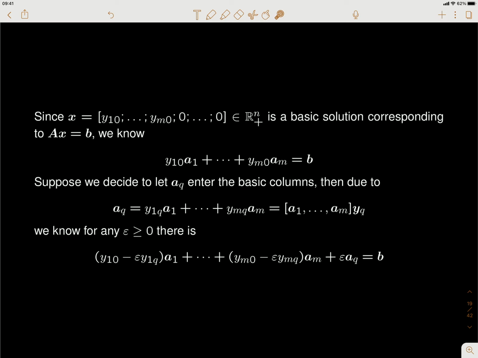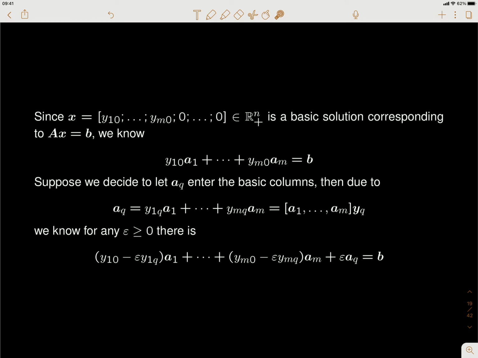This is just like the column vector with these as the components, and you can see that it's just making a linear combination of the first m columns of the matrix A. The coefficients are given by these numbers. So y10 is the coefficient for the vector a1, the first column of A, up to the mth column of A, and this all together gives me the b vector.